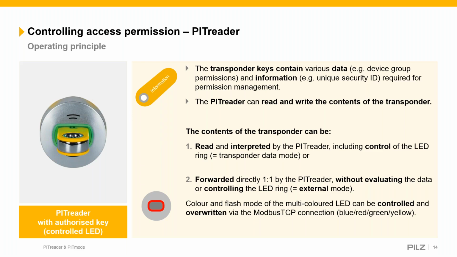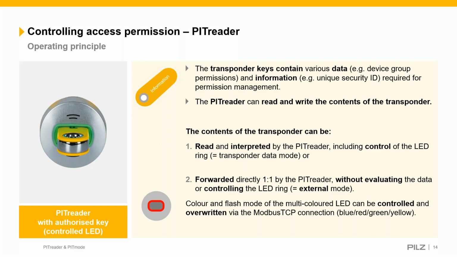And the contents of the transponder can be read and interpreted by the PIP reader, including the control of the LED ring, or it can be forwarded directly one-to-one by the PIP reader without evaluating the data or controlling the LED ring. And as we saw in the previous video, the color and the flash modes of the multicolored LED can be controlled and overwritten via the Modbus TCP connection.